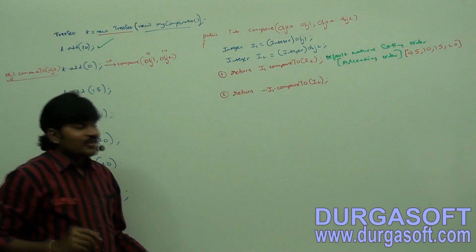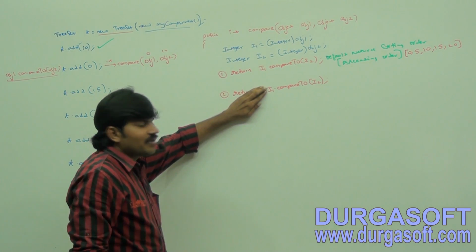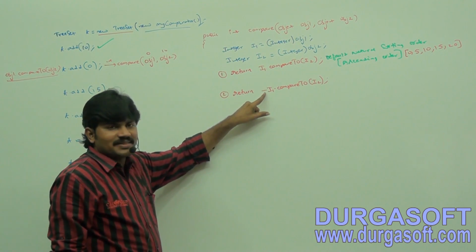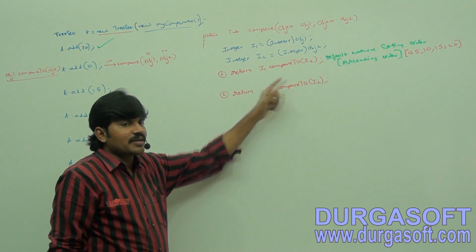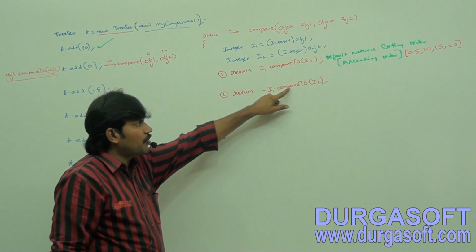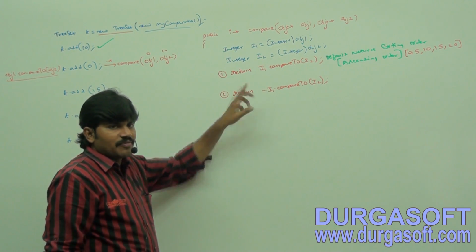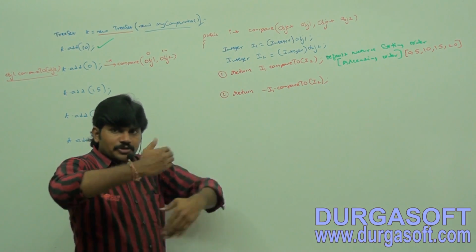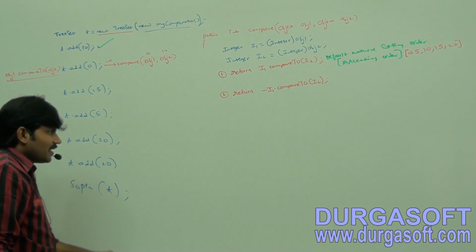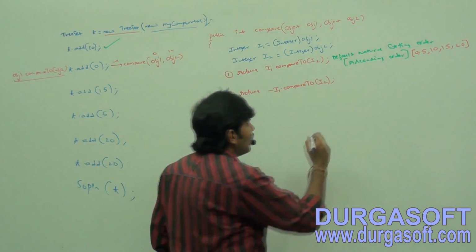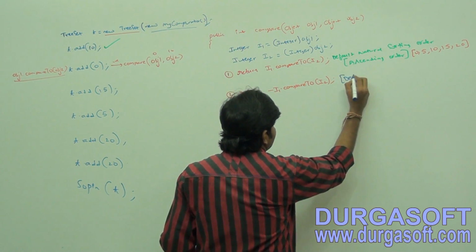If I1.compareTo(I2) returns negative, because of my minus symbol it will return positive. If it returns positive, because of my minus symbol it will become negative. So the opposite thing will come. Then can you tell what is the output? Ascending order or descending order? This one is descending order.